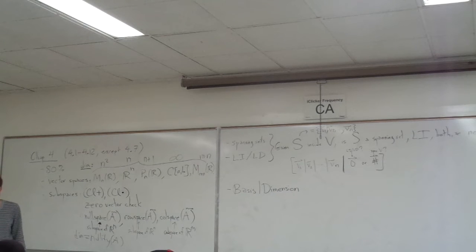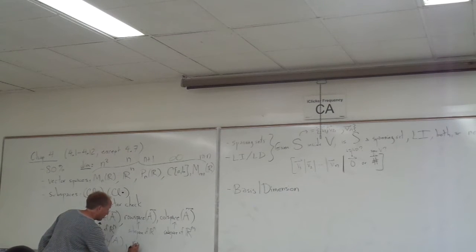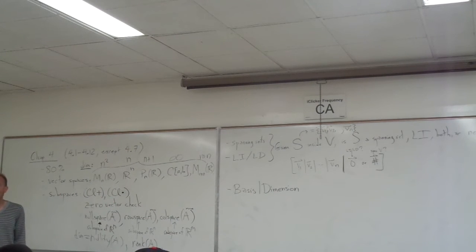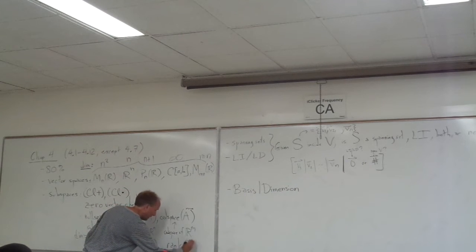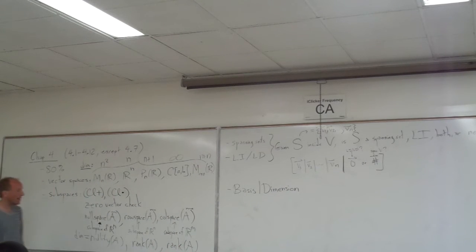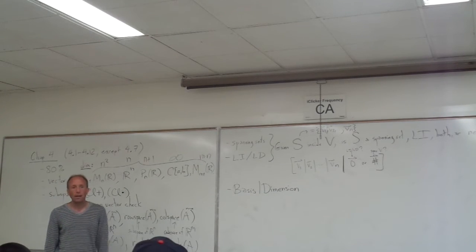The rank, exactly, the rank of the matrix. What about the dimension of the column space? Also the rank, very good. So all of this is on that handout, so you just pull that handout up, it's going to be there for you. So you want to know those things.